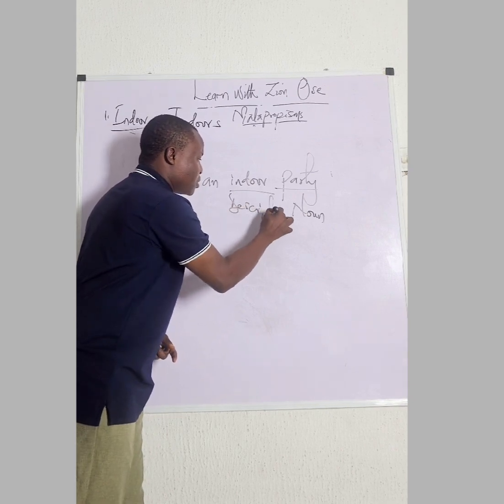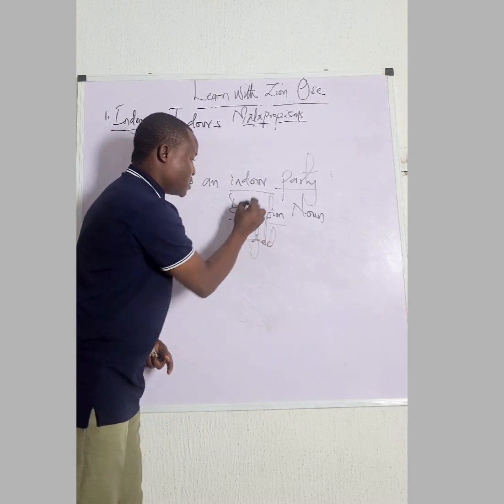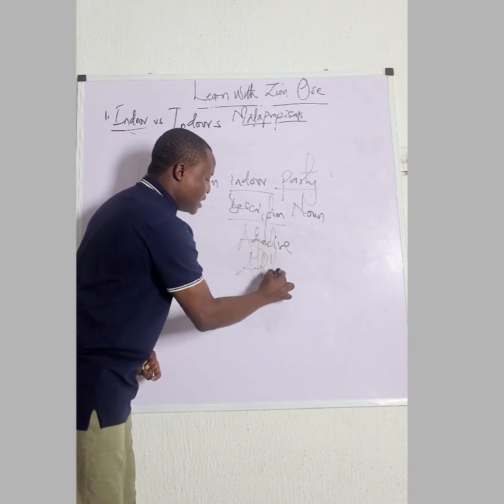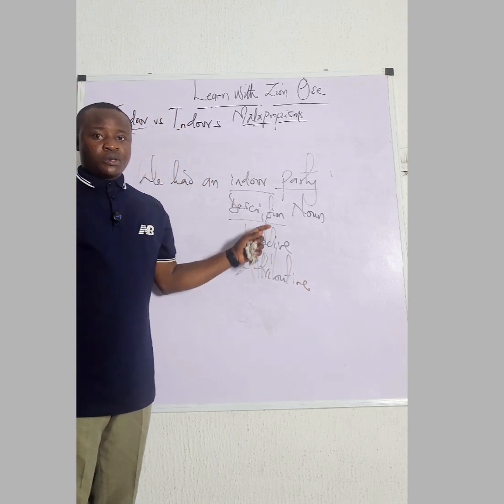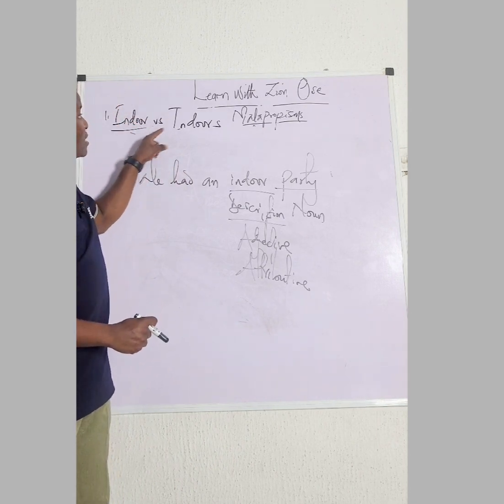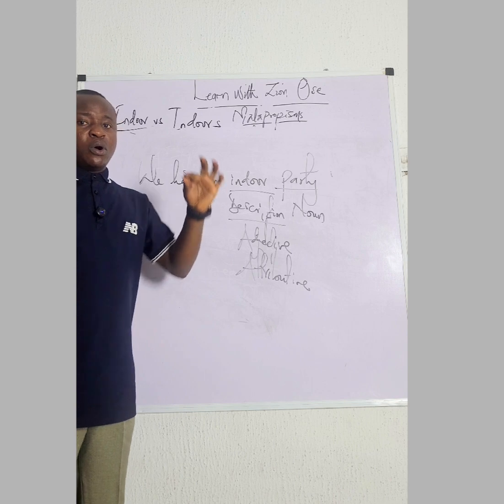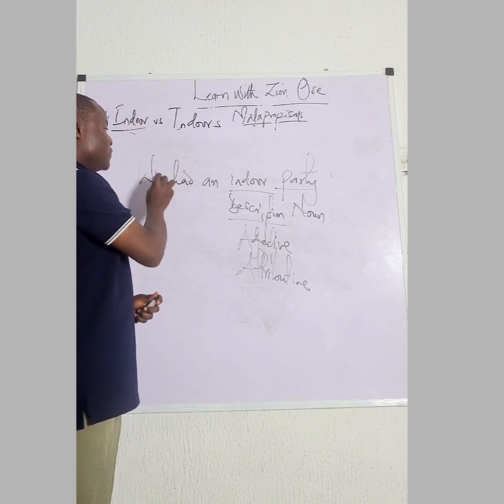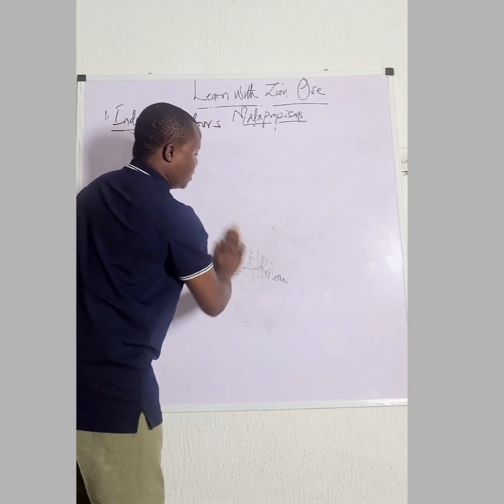And being the description of the noun, we'll tag it adjective. And of course, you remember the kind of adjective that this is. It is attributive. So, to sum this up, we'll say that indoor without the S is an adjective and it appears before the noun.